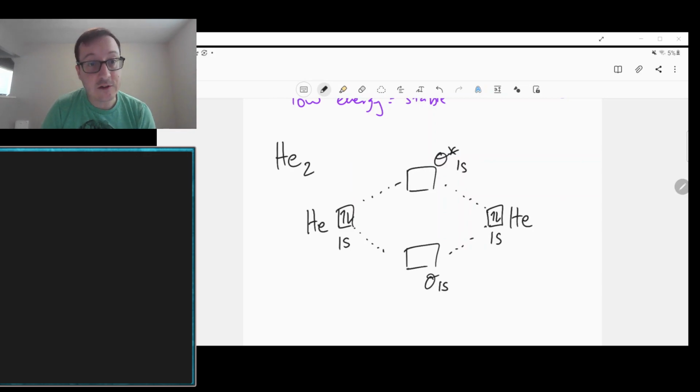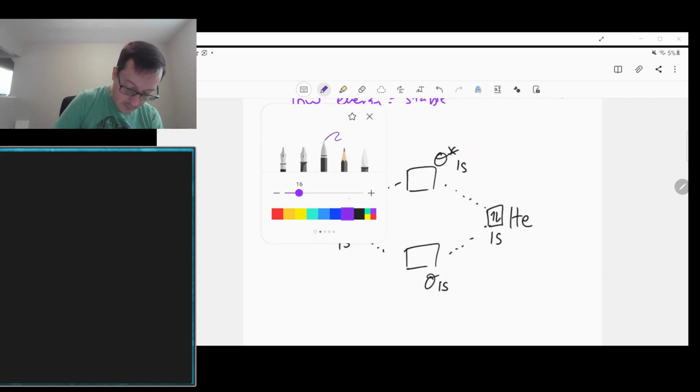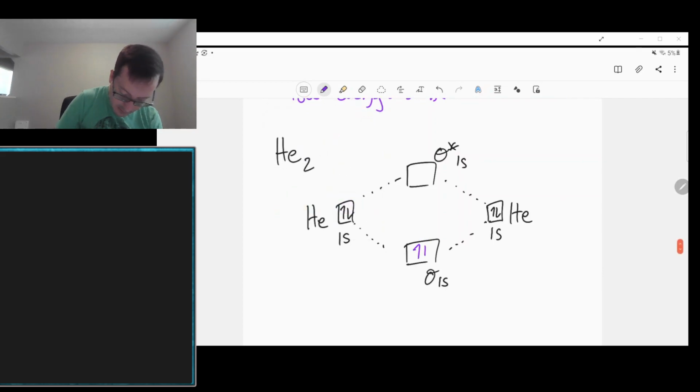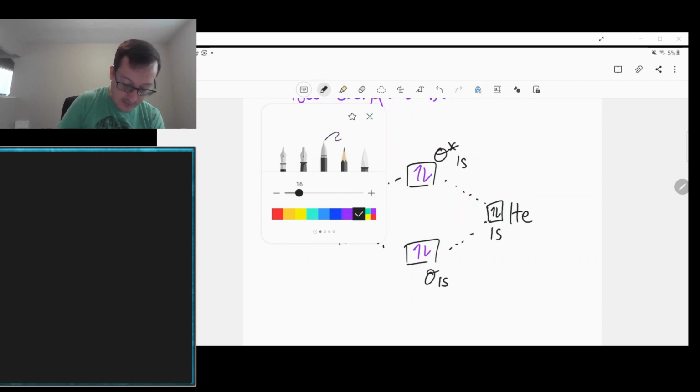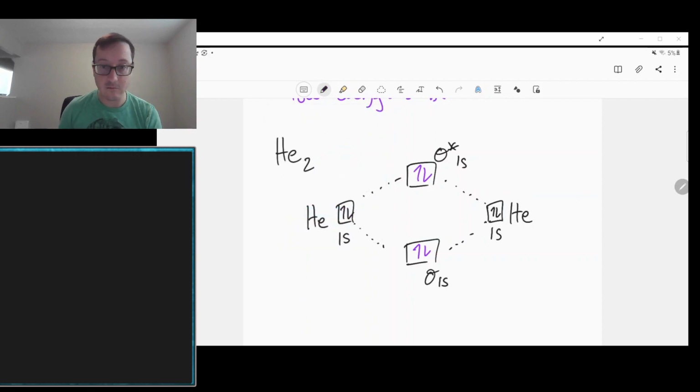One box holds 2 electrons, right? Just like we've seen before. So we're going to have 2 electrons go here, and 2 electrons go here. So this molecule is probably not going to exist.